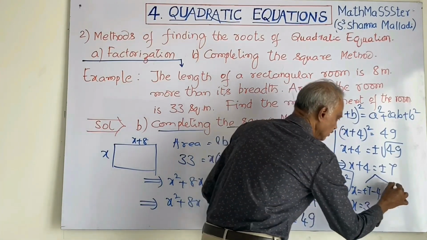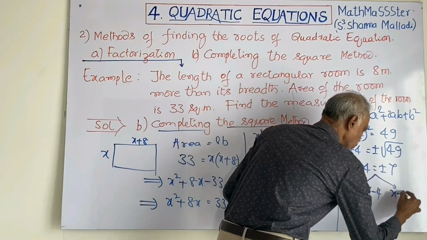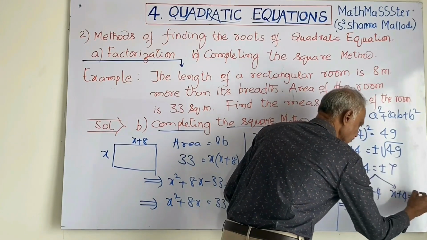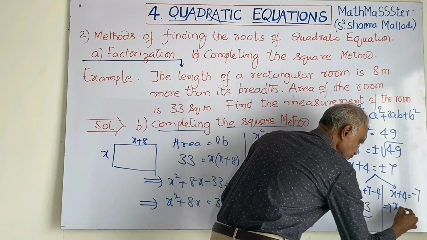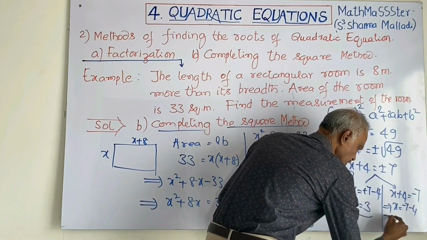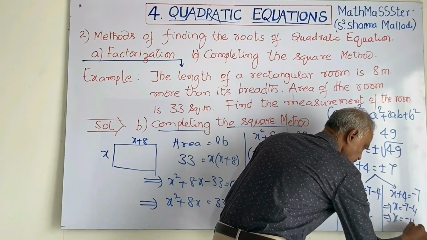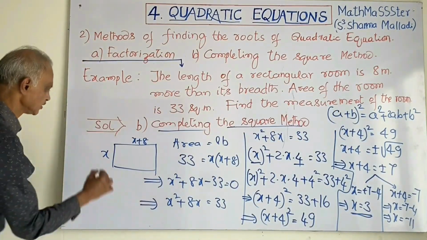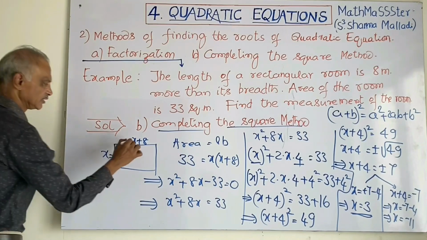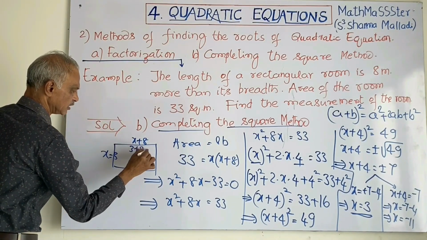Take x plus 4 is equal to minus 7, you will get x is equal to minus 7 minus 4, x is equal to minus 11. You have to take x is equal to 3. This is 3 and this is 3 plus 8, 11.